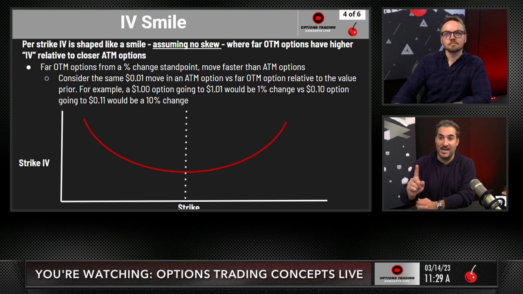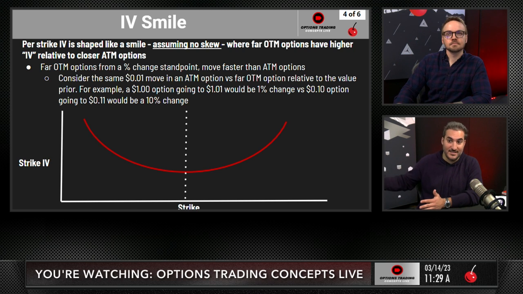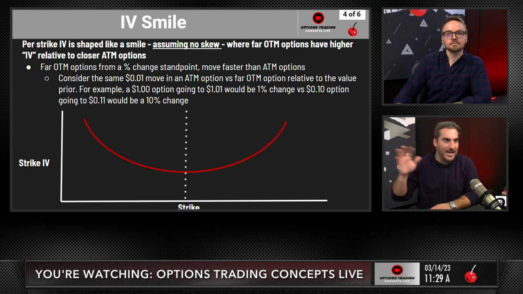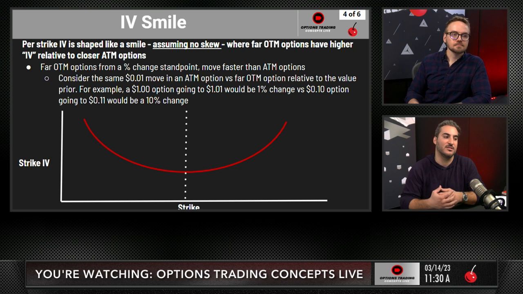It's the same penny difference in value, but the percentage change of the option that goes from 10 cents to 11 cents is much greater than the dollar option going from $1 to $1.01. And so that's why per strike volatility has this shape, because the penny option going to 2 pennies is a 100% change in value, whereas the actual value change for at the money is much lesser.